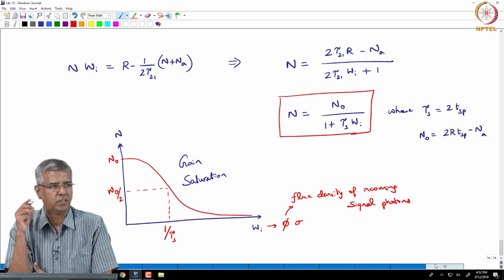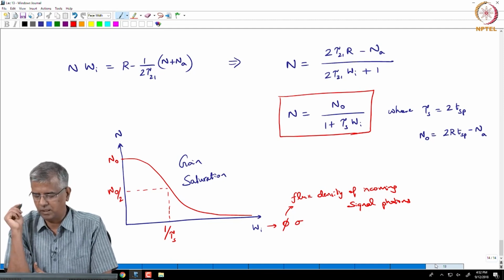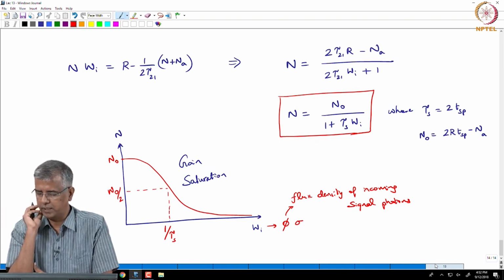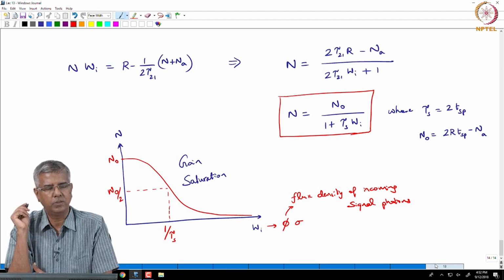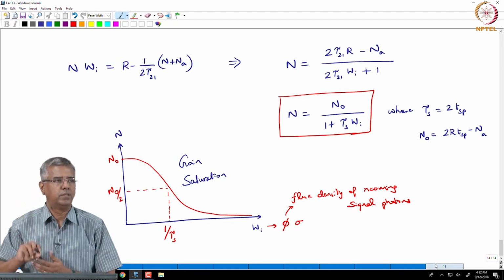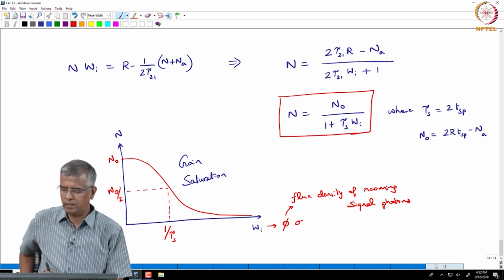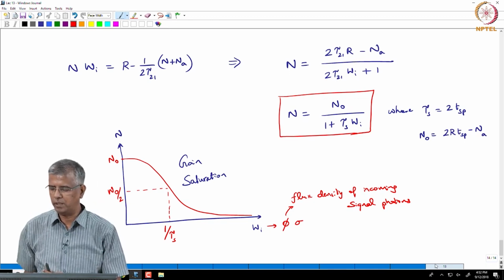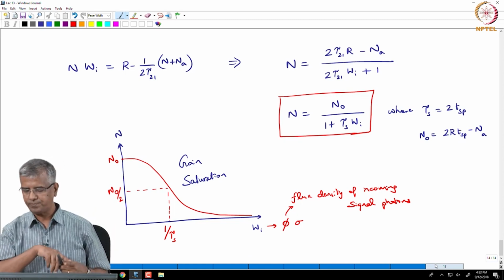The rate at which we are pumping. So, the pump photons which are taking the erbium atom from a ground state to an excited state. And Na, what does Na correspond to? That is the total number density of erbium atoms in that fiber, in the gain medium.